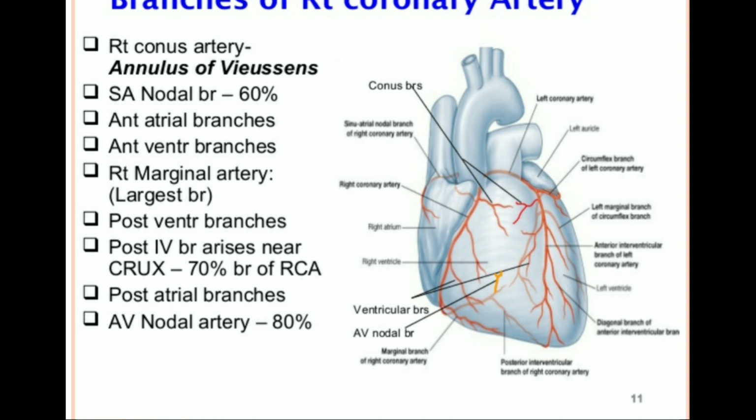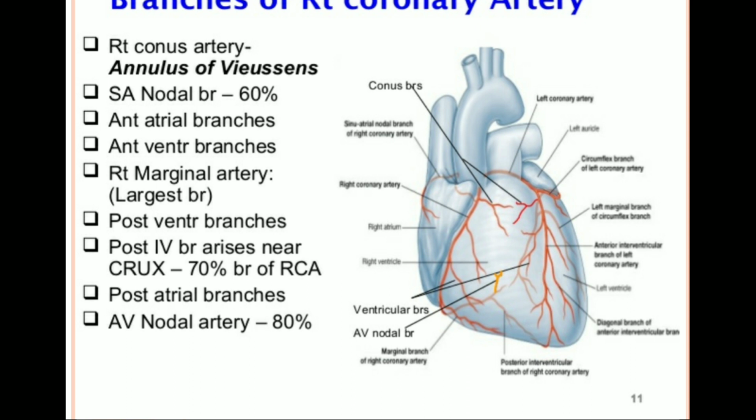So these are the branches of the right coronary artery. What are they? Right conus artery, atrial branches, ventricular branches, right marginal artery, and posterior interventricular artery.